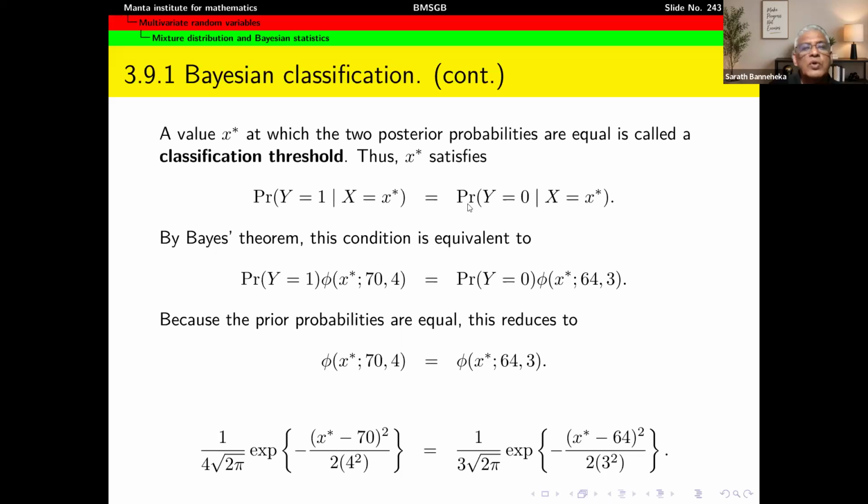Right? So therefore, we want to solve this equation. Probability y equal to 1 given x is equal to x star is equal to probability y equal to 0 given x equal to x star. Right. So therefore, you can get a separate expression for this using the Bayes formula, and you can get an expression for this using the Bayes formula.